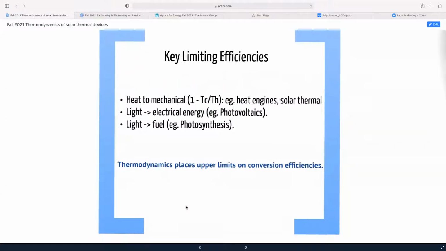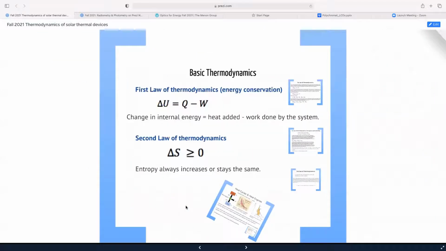So let's take a quick look at this from a basic thermodynamics point of view. Now, the first law of thermodynamics is an energy conservation principle, but it's a little bit different than energy conservation. We'll see how shortly. The basic idea is that if you have a closed system, you put heat into the system, you remove heat from the system. Think about a refrigerator. The difference between them is the work done by the system.